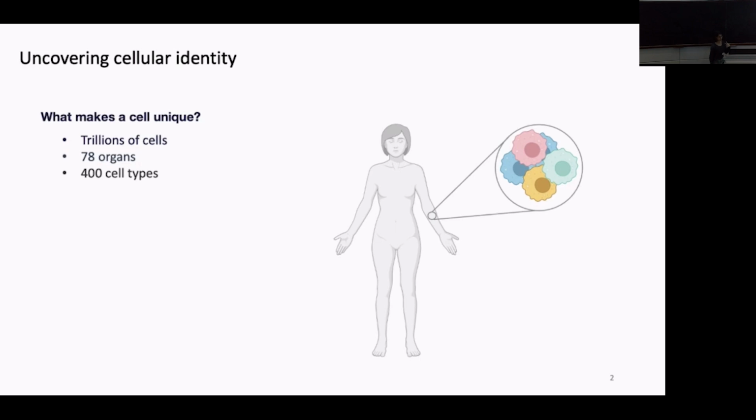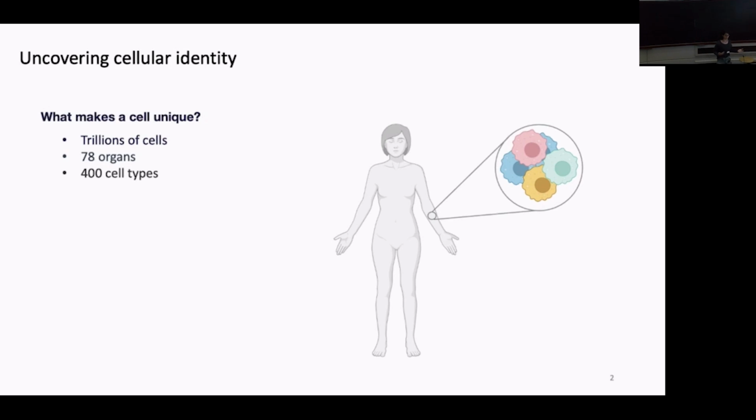In our human body, we have trillions of cells, and these cells are sometimes very different from each other, and they have different functions. Together they shape 78 organs, and so far we were able to classify them into 400 major cell types.